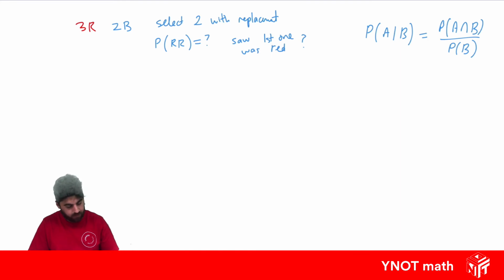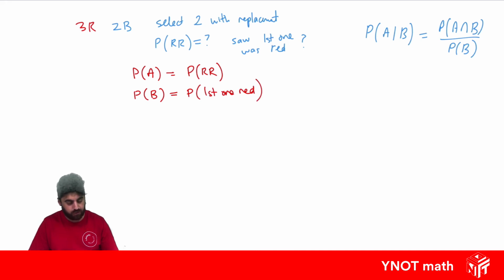Okay, so in this case, our condition is that we saw the first one was red, so we've got some extra information here. So the probability of A is going to be that we get 2 red balls. And our event B is going to be the probability that the first one is red, because that's our condition.